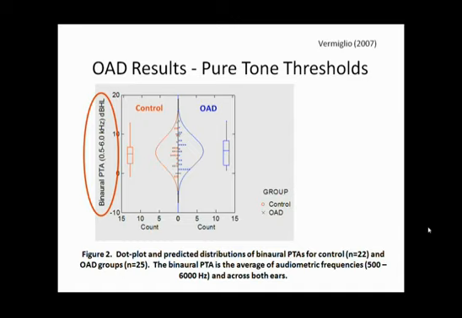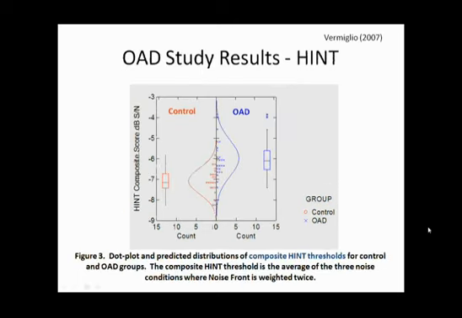And you have the control group, no speech recognition in noise complaints. The OAD group reported some speech recognition in noise difficulty. And you see that the two distributions are basically mirror images of each other. And there was no significant difference between pure tone thresholds for these two groups.